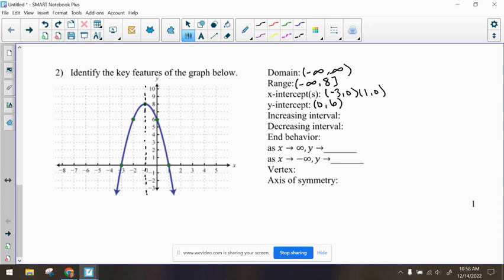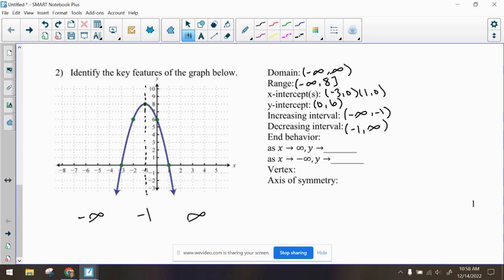In increasing and decreasing, we only care about the x values. So I can see that my graph is going up on the left half and down on the right. Sometimes you'll have more than one or more than two sections of your graph, depending on what it looks like. So I know my graph is increasing from negative infinity to negative 1. And I know it's decreasing from negative 1 to infinity.